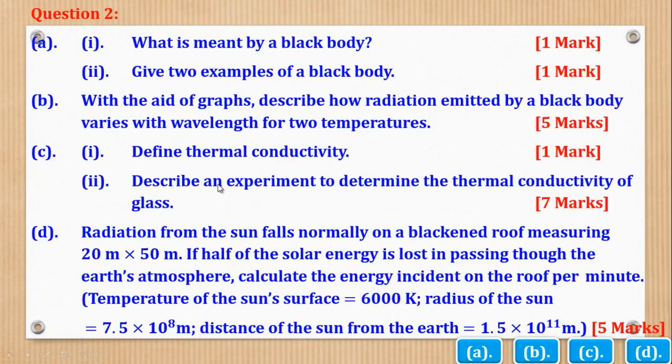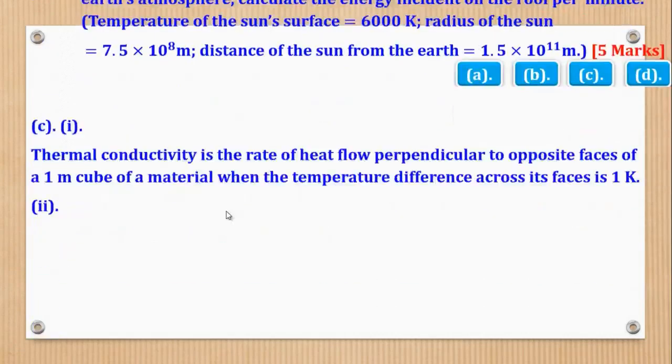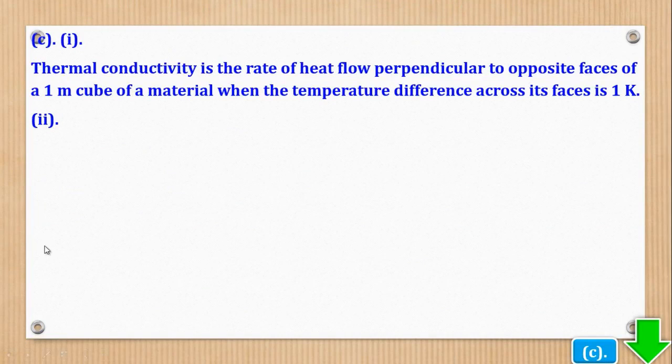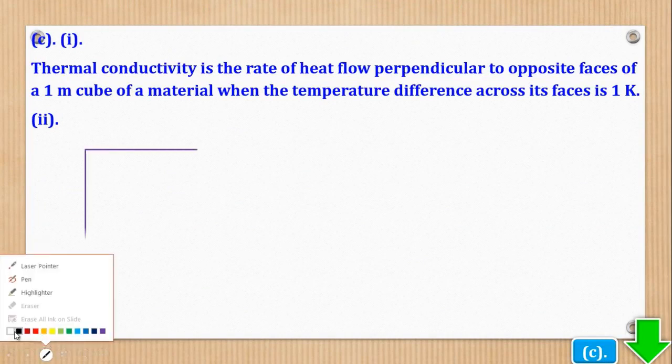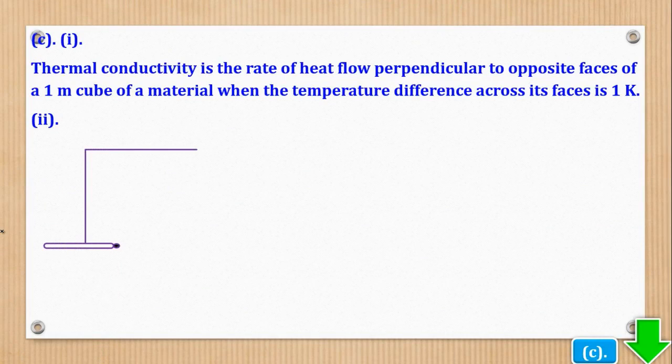Roman 2 says, describe an experiment to determine the thermal conductivity of glass. So here we need a labelled diagram. So let's first draw a labelled diagram. To help us is the description.